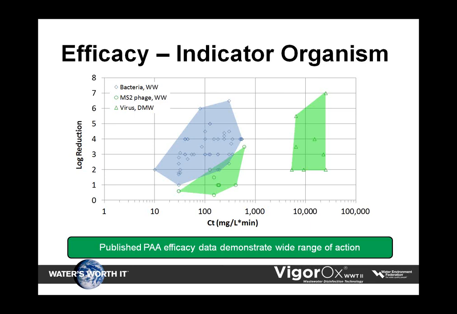And there is not a lot of literature on PAA biocidal efficacy in wastewater. The data shown here as green triangles shows PAA efficacy against viruses in mineralized water. Clearly, reduction of viruses is far more intensive than reduction of bacteria.